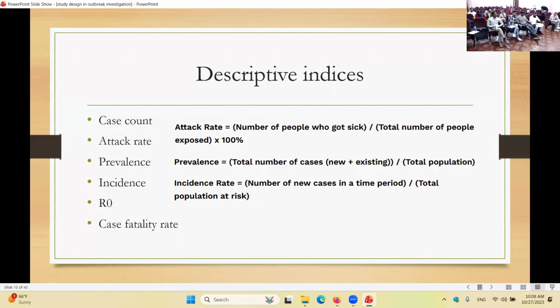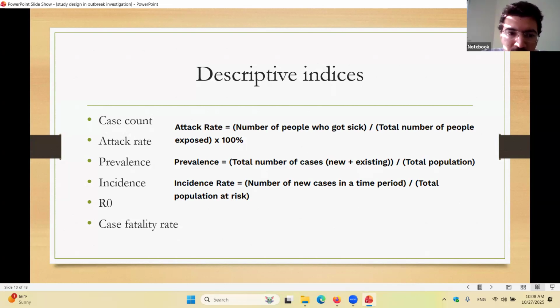So what would be the general relevance of that concept when it comes to outbreak investigation? How would we use that information? When R0 is equal to 1, it means that the outbreak is stable. When R0 is less than 1, it means that the outbreak is going to be stopped.